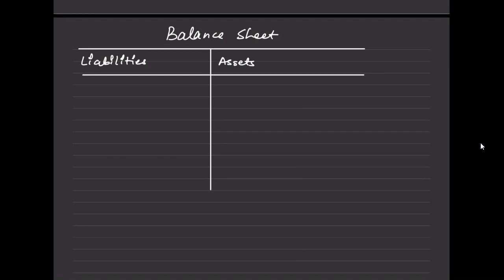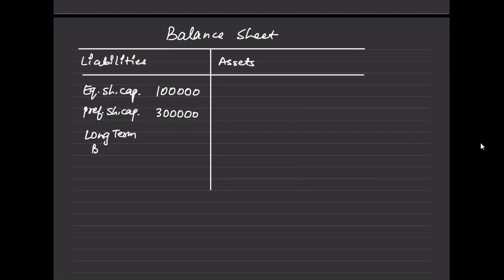In the liabilities, we have, let's say, equity share capital, 1 lakh rupees, preference share capital, 3 lakh rupees, long term borrowings, 6 lakh rupees.